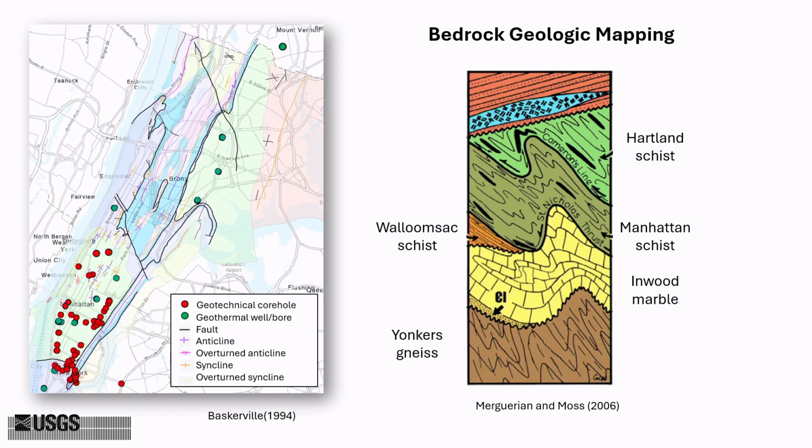Fortunately, that's one area where we have good bedrock geologic map coverage at 1 to 24,000 scale. We go up to Westchester County, and we probably have 50% of the county covered by bedrock maps. And then in the Allegheny Plateau, there are very few detailed maps. And then up in the Ontario lowlands, there are some more.